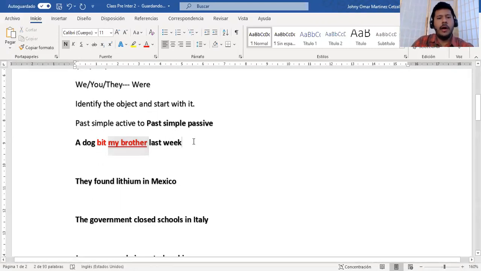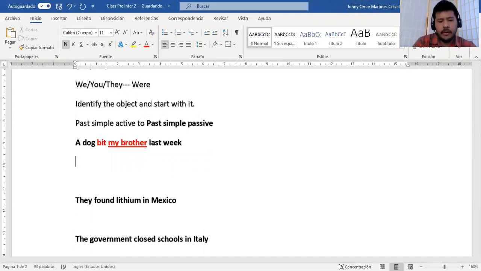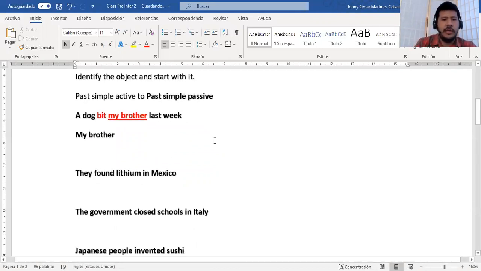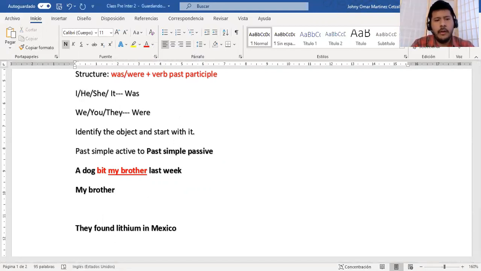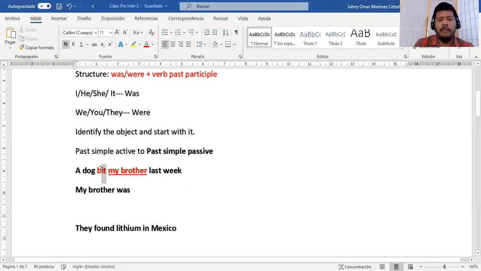Okay, so as I told you, identify the object and start with it. So we start with my brother. There's nothing else to change. My brother. Okay. Then you have to use the conjugation that I told you. My brother, in this case, was. Why is it was? Because it's a he. So my brother, you can change it for a he, and it's the same thing. So my brother was, and then you have to think about the past participle of bite.